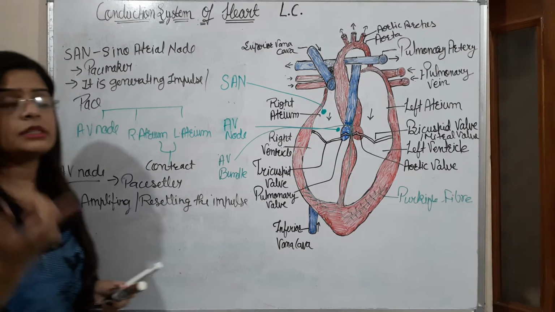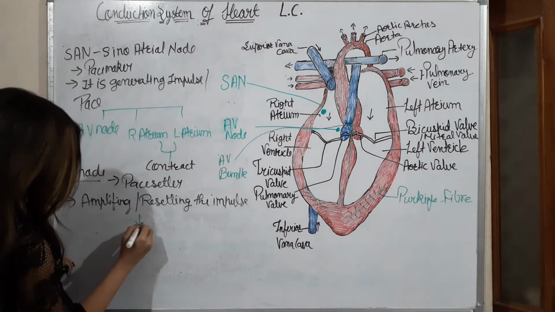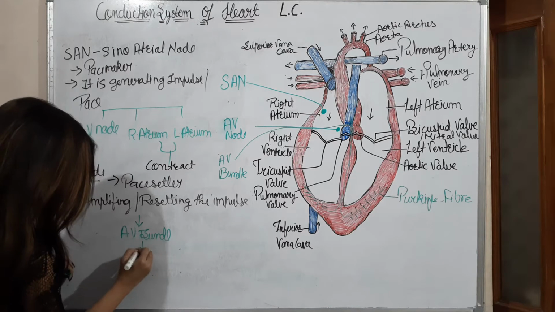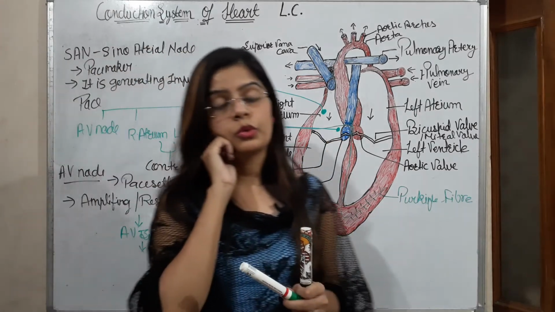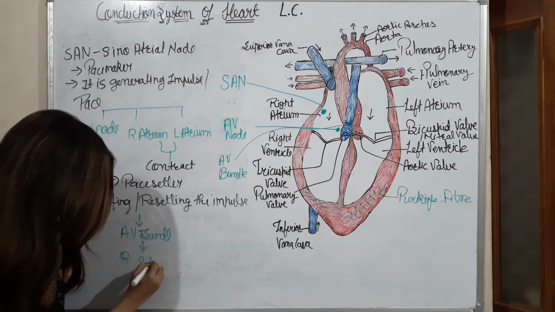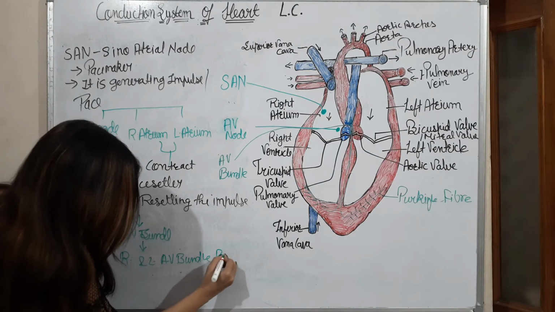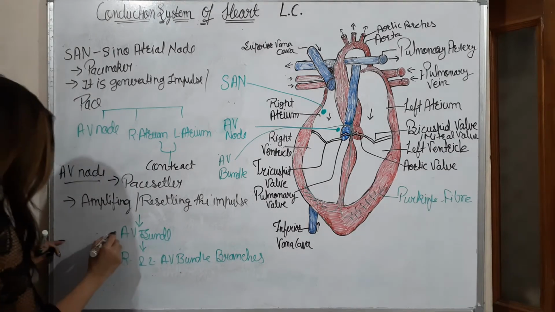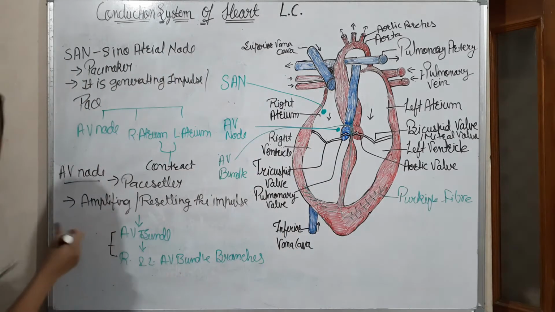Now this impulse will go to the AV bundle, and this AV bundle separates into two branches, right and left. So, the impulse goes to the right and left AV bundle branches. Look at it very carefully: the AV bundle and the right and left AV bundle branches are combinedly known as the bundle of His.